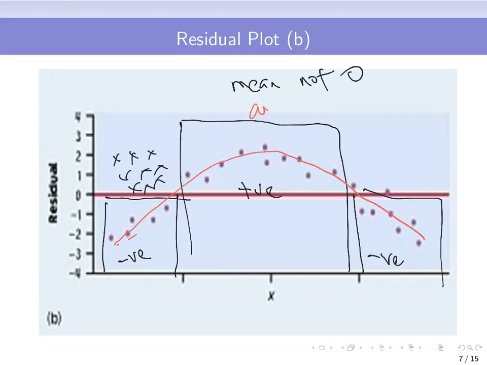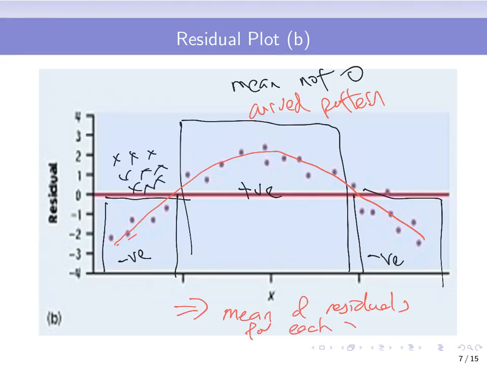So this is basically implying that the mean of the residuals is not 0 for each. It's not 0. So the function that we have, so as I said, so far usually we've been starting from this linear function, is not a good approximation for the data, and we have to do something to that.